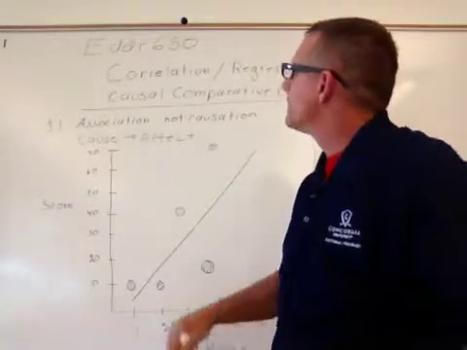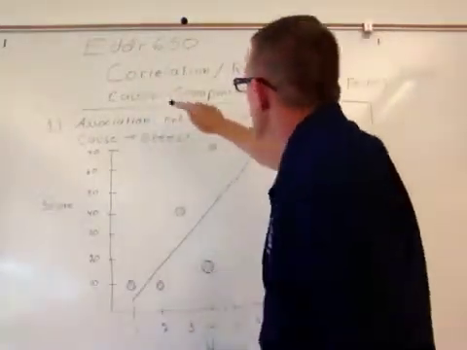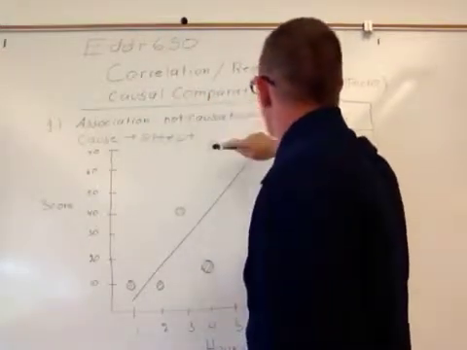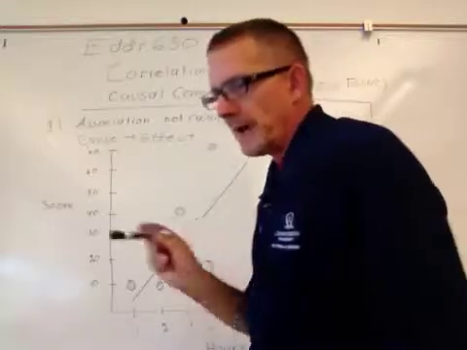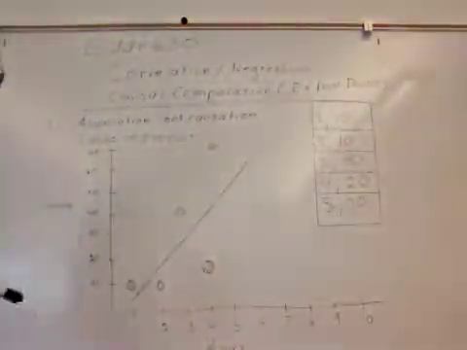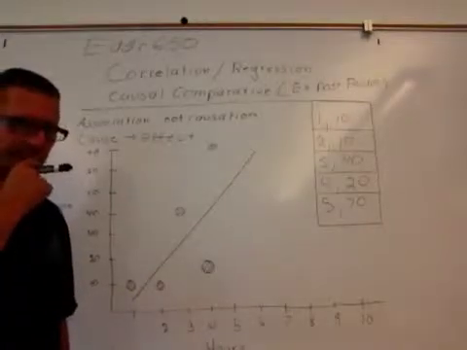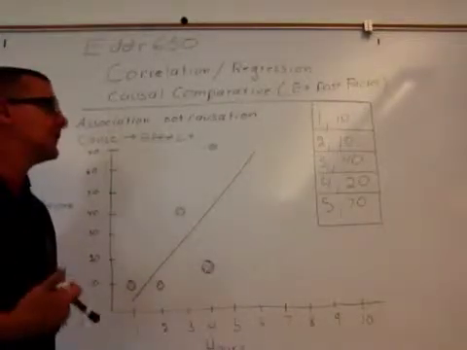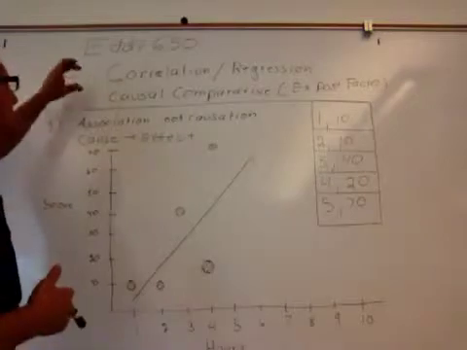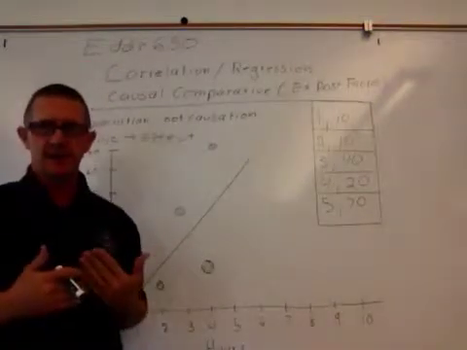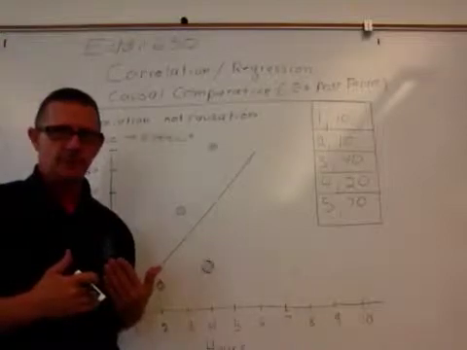So first of all, in the course, correlation, regression and causal comparative, which is also called ex post facto research, are included in one course. Now, what is the reason for doing that? The reason is that these two types of research methods only allow us to see associations between variables.